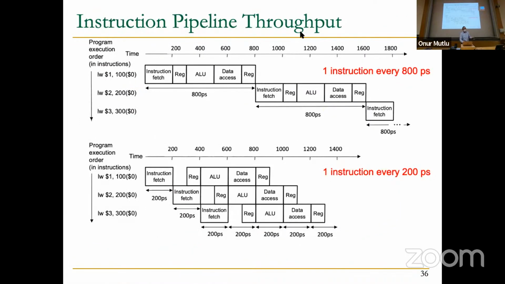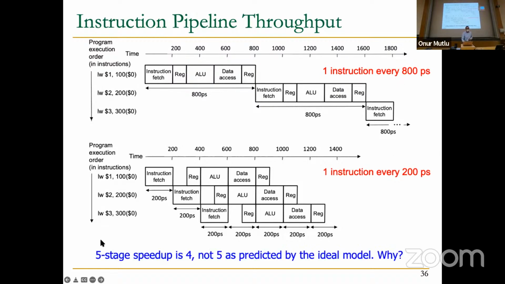Okay, so here we've lost throughput basically just because of the way we designed the pipeline. Remember, we have 800 picoseconds. Ideally, we should have a throughput increase of 5x, right? But we're getting a throughput increase of 4x here. Why? Because we didn't balance the pipeline nicely, meaning each stage takes 200 picoseconds as opposed to 160 picoseconds, right?